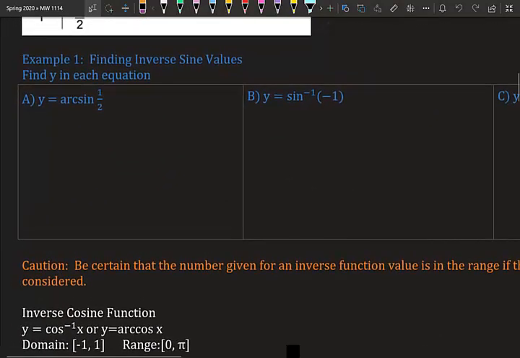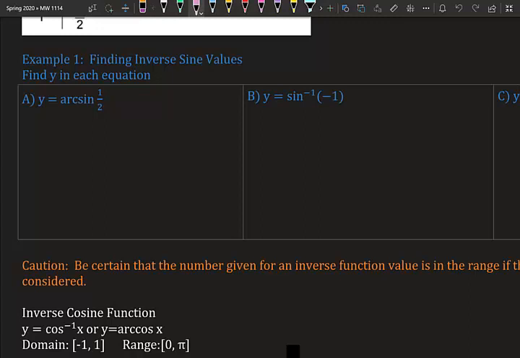So let's find y in each equation, meaning we want to figure out how we can solve for y. So obviously arc sine, or the inverse of sine, that's not really on the unit circle, because if you flip it, that's not the inverse. Flipping a number is the reciprocal. So the thing we need to do is just get sine by itself.